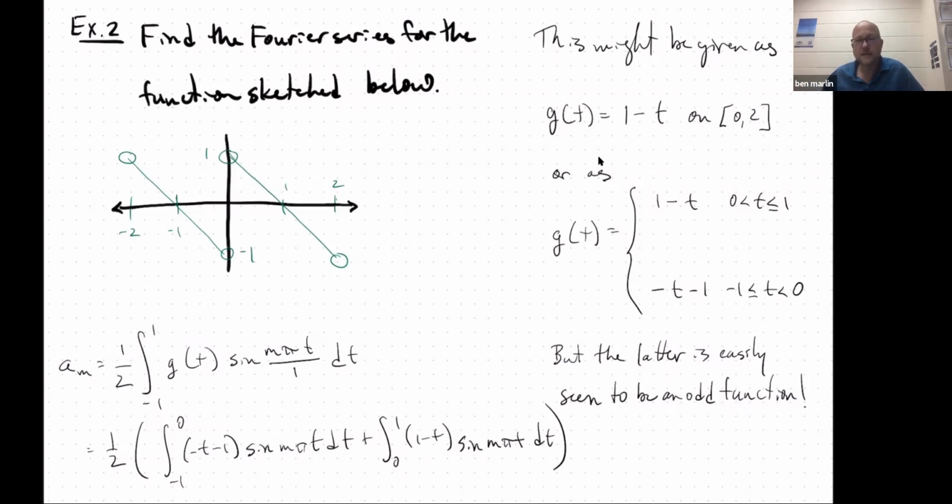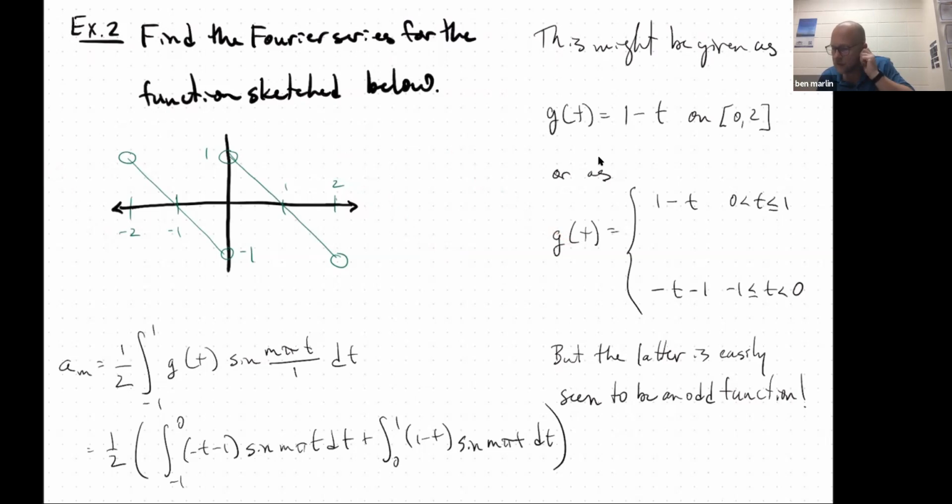From the sketch, you can see that this function is an odd function. That is to say, this part here is reflected over here in rotational symmetry. And if we continued on, we know that we would want to continue the function going on.